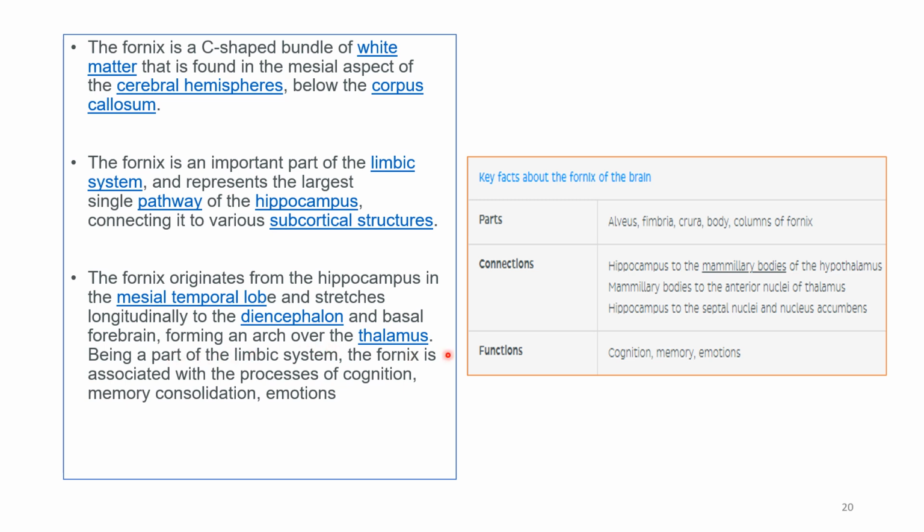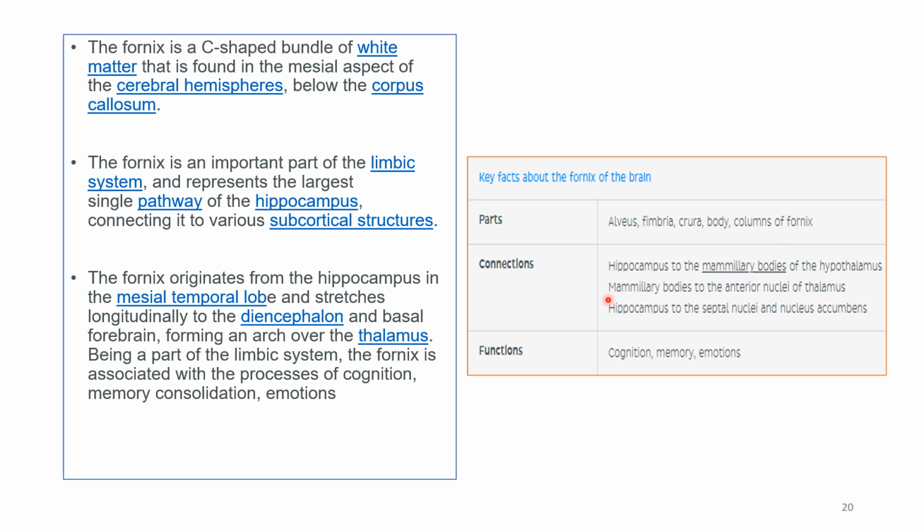Being a part of the limbic system, the fornix is associated with cognition, memory consolidation, and emotions. Coming to parts of the fornix, we have alveus, fimbria, crura, body, and columns of the fornix.